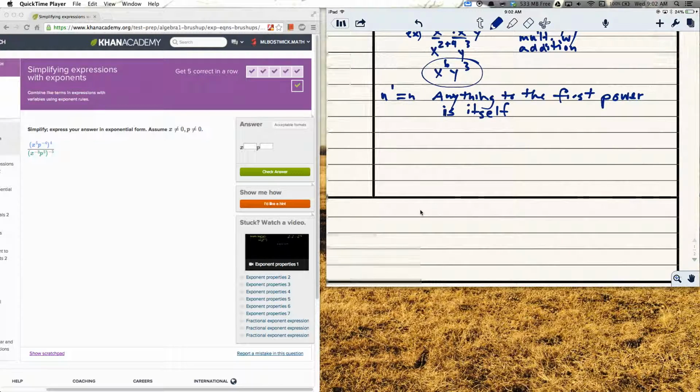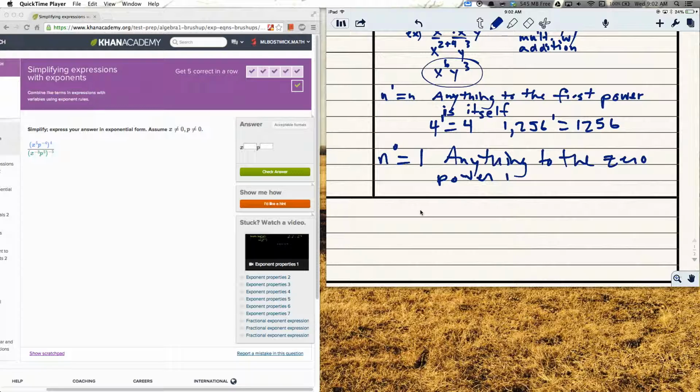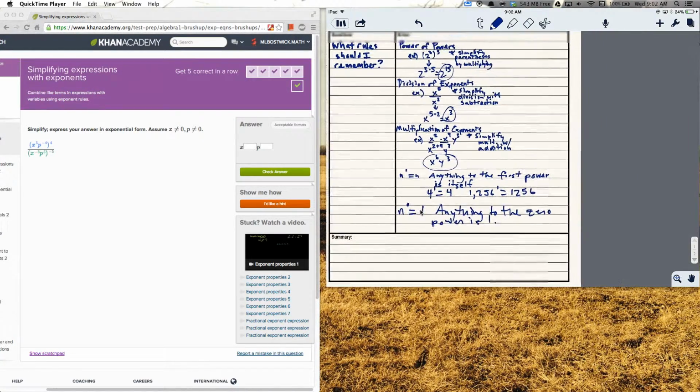So n to the first power is n, and so for example 4 to the first power is equal to 4, and 1256 to the first power is equal to 1256. The last thing I'll note is n to the 0 equals 1. Anything to the 0 power is 1. All right, so those are the rules I need to remember.